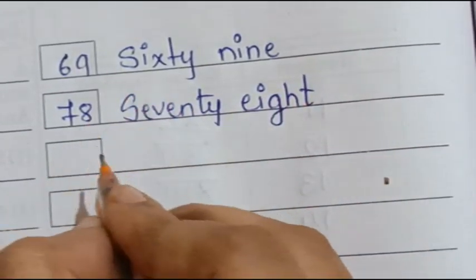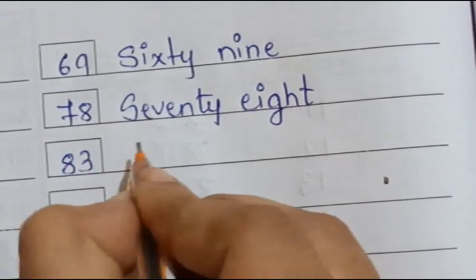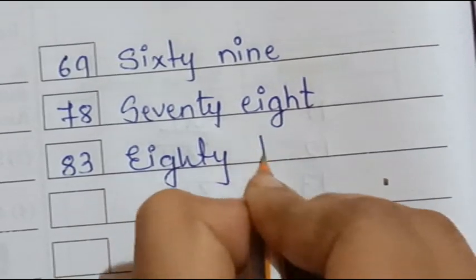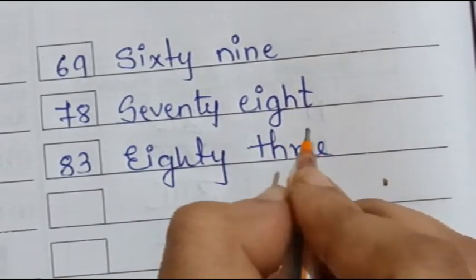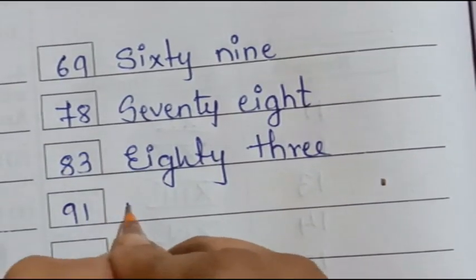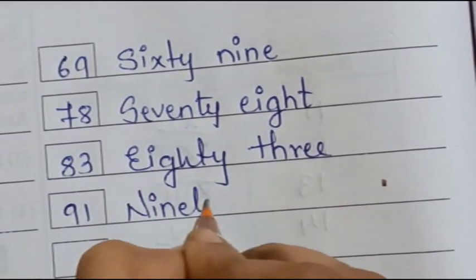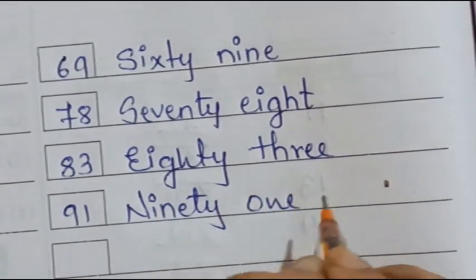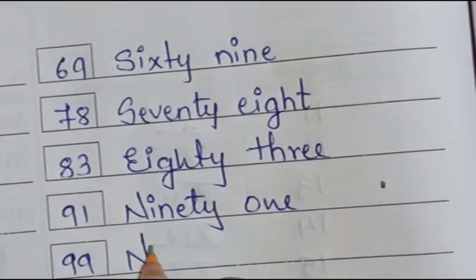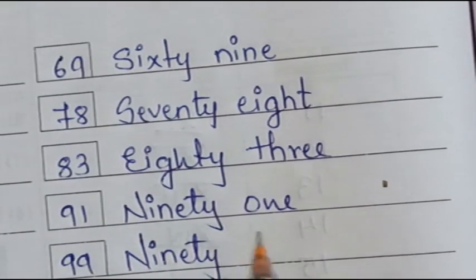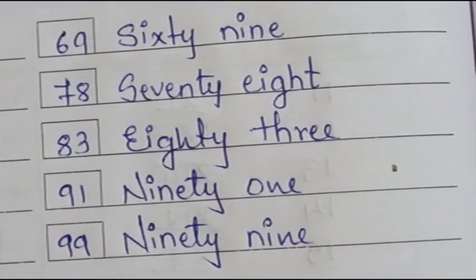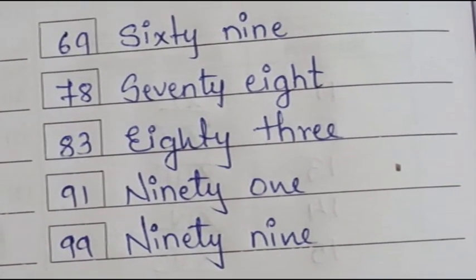Then the next is 83. So I will write here 83. 91. 91 and 99. 99. Clear? So I have made 10 numbers of 2 digits.